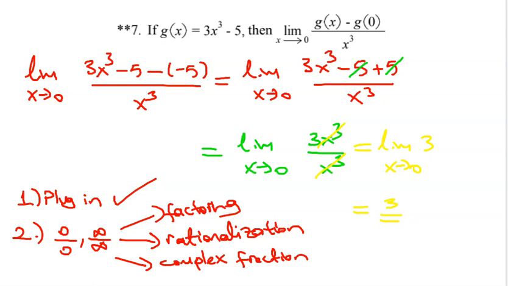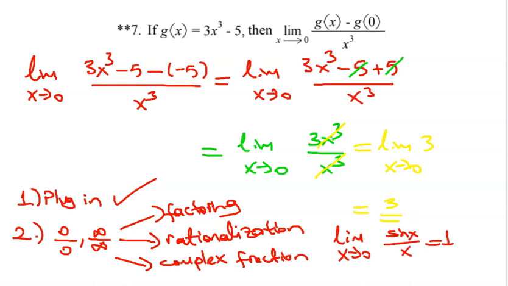Evaluating limits algebraically. And also we've learned how to evaluate trigonometric limits involving sin x. Which is limit as x approaches 0 of sin x over x is equal to 1.